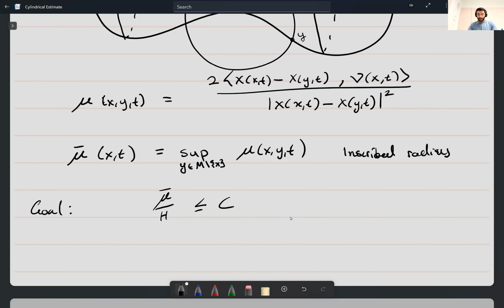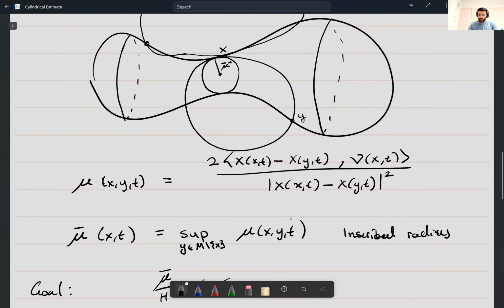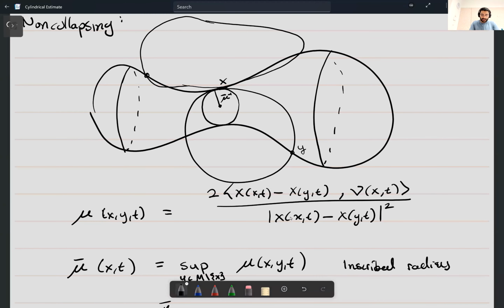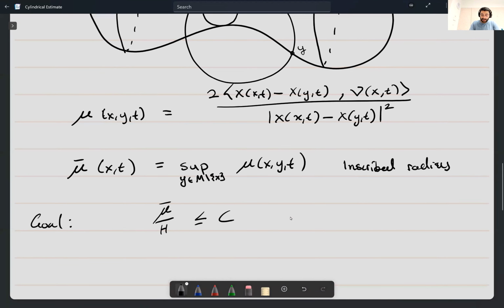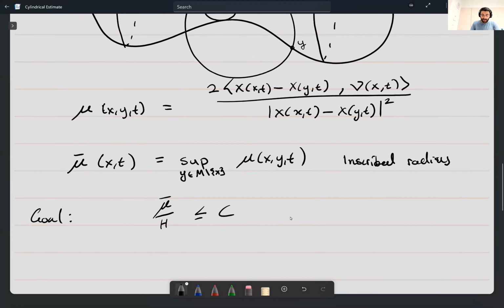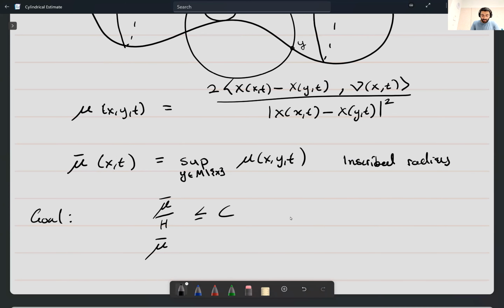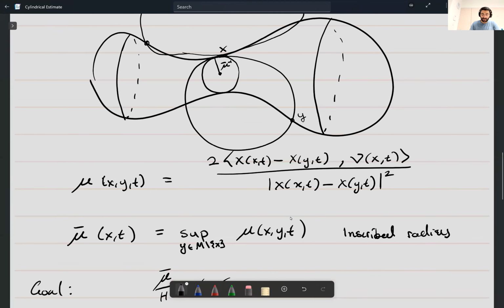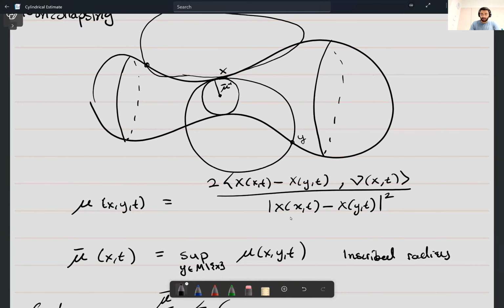One thing you can see is that, firstly, because this inscribed ball is always contained inside the surface, you know that mu bar is always greater than zero, because the surface is compact.